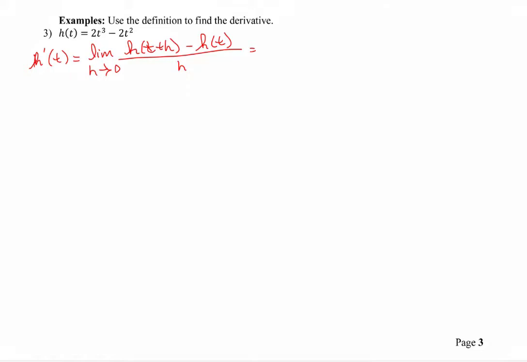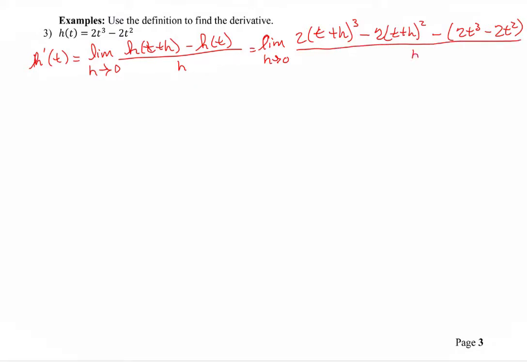So that equals the limit as h goes to 0 of 2 times t plus h cubed minus 2 times t plus h squared minus 2t cubed minus 2t squared all over h.